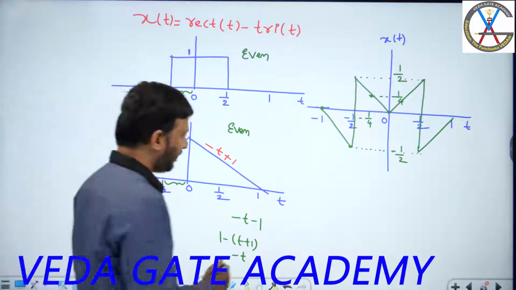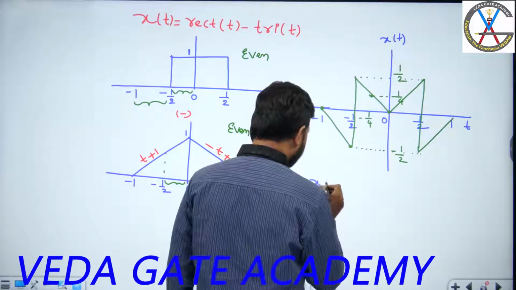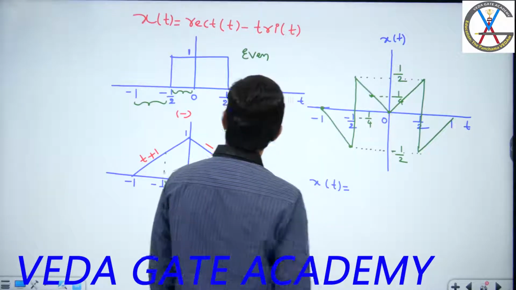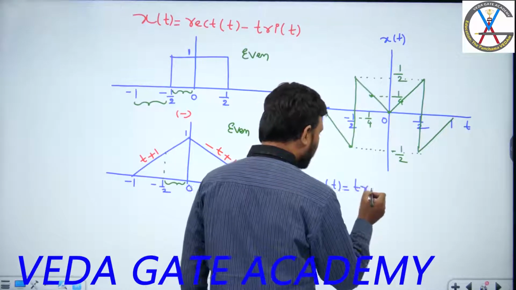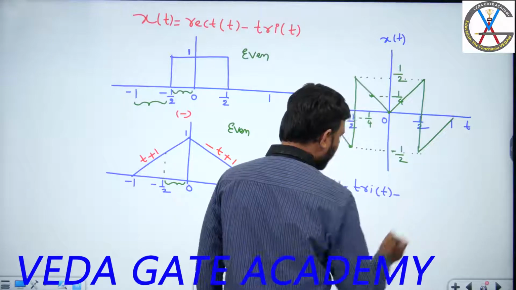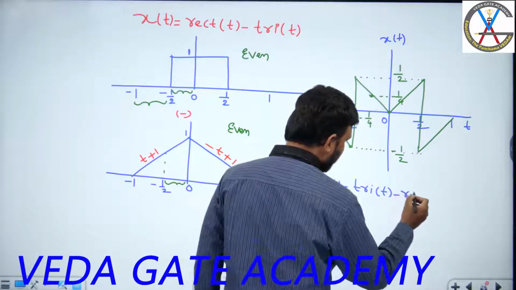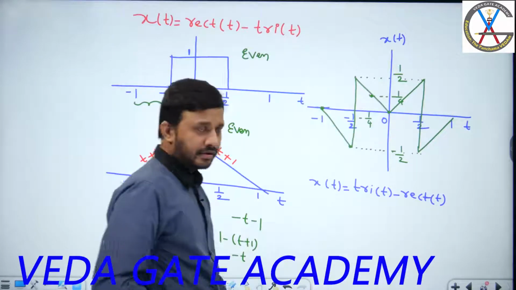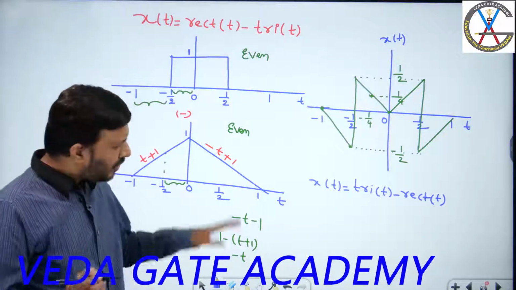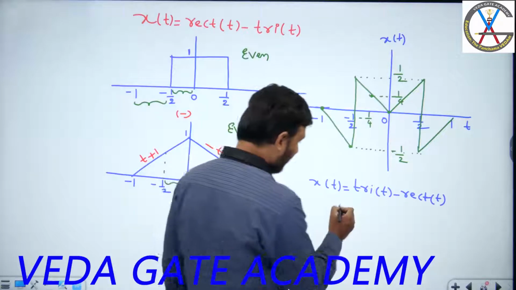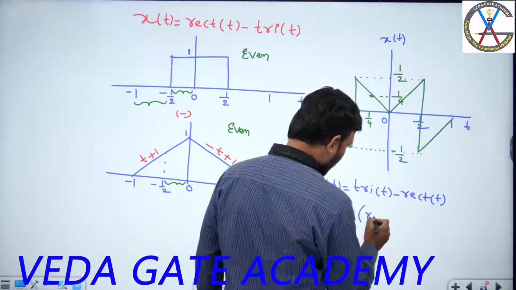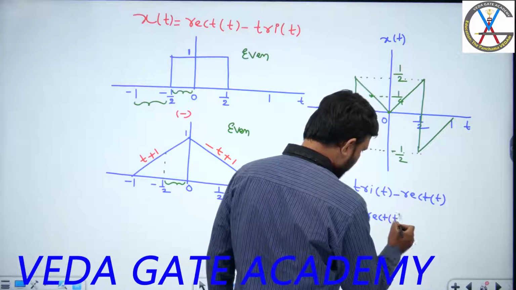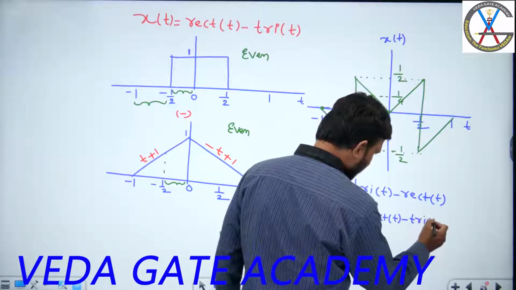Suppose I ask you, what is the shape of the signal tri t minus rect t? Now how are you going to draw this one? You need not draw. You can do one thing: minus of rect t minus tri t.